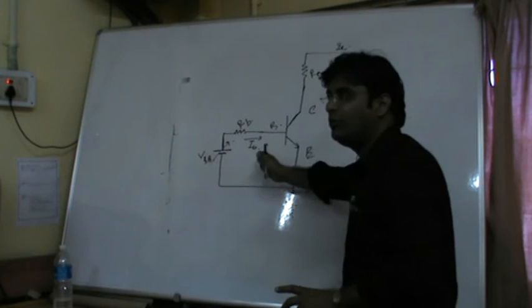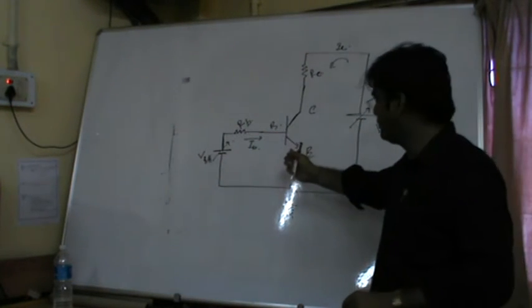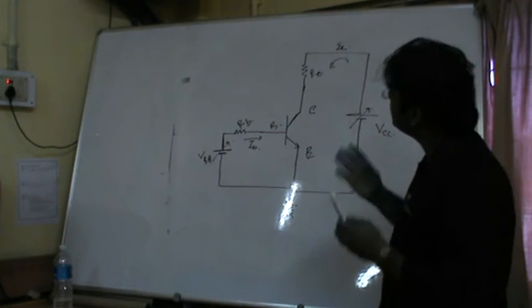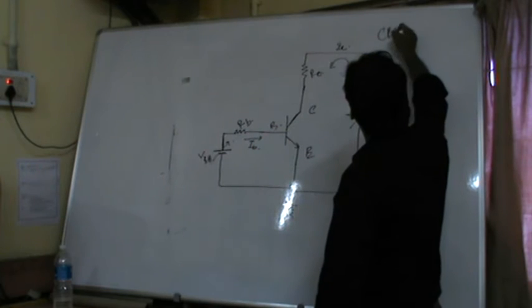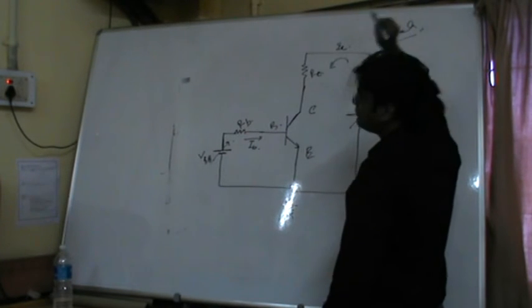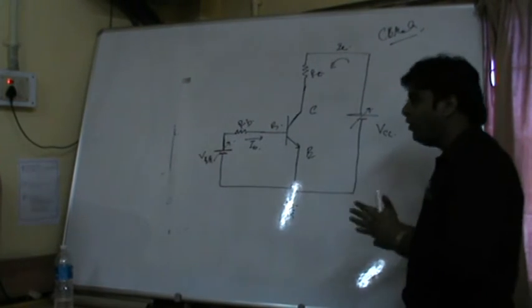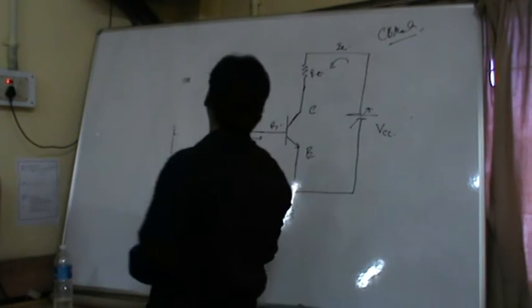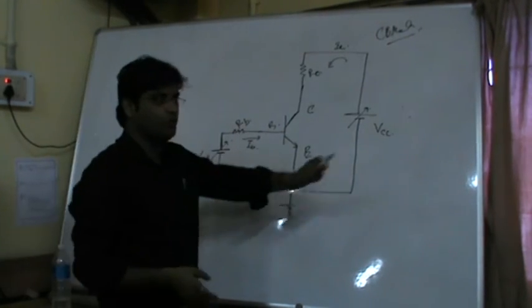The emitter is common to the input side and the output side. Are you sure? So we represent it as a mode, that is the common emitter mode. Clear? From that point of view, the emitter is common to the input side and output side.